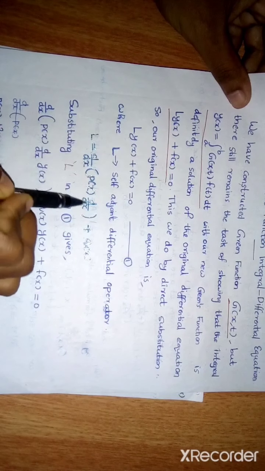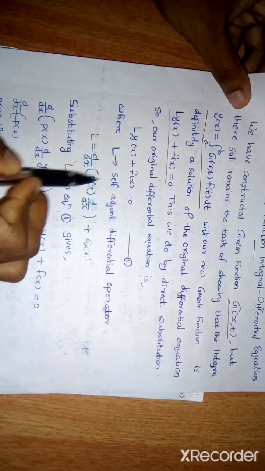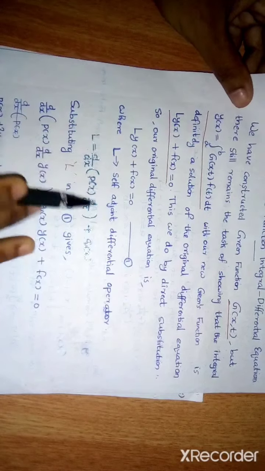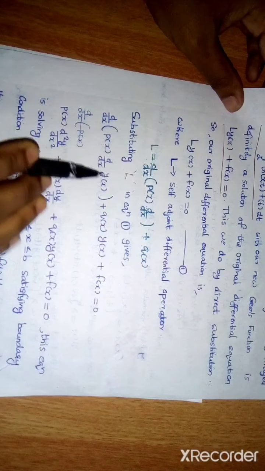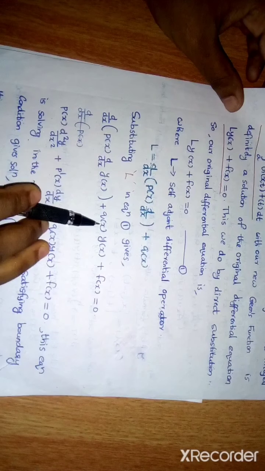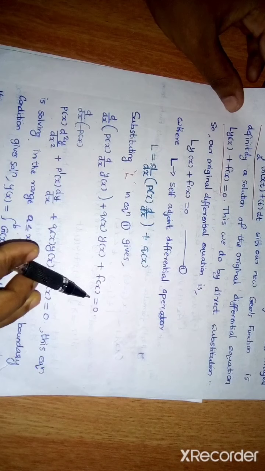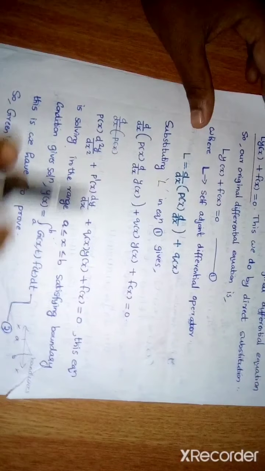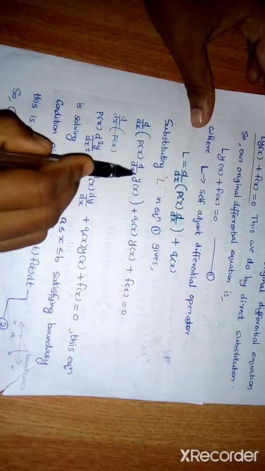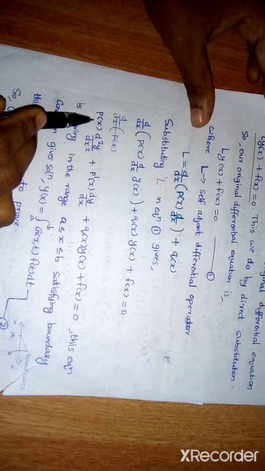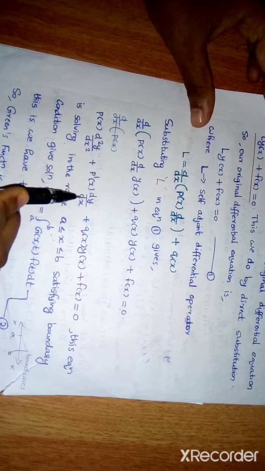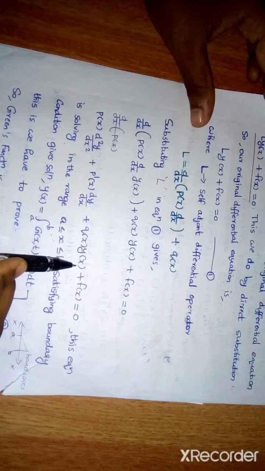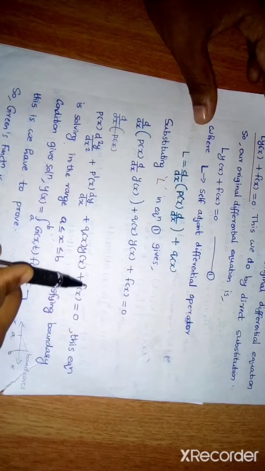Now put the value of the self-adjoint operator in the first equation, which leads to d/dx of p(x) dy/dx + q(x) y(x) + f(x) = 0. Now applying the product rule, p(x) d²y/dx² + p'(x) dy/dx + q(x) y(x) + f(x) = 0.